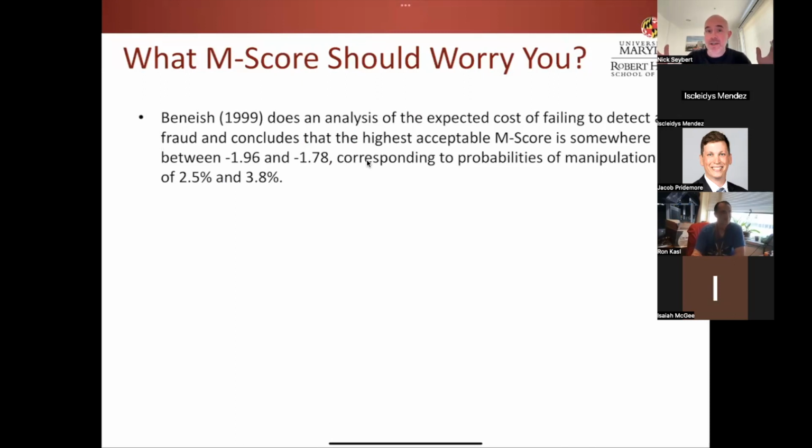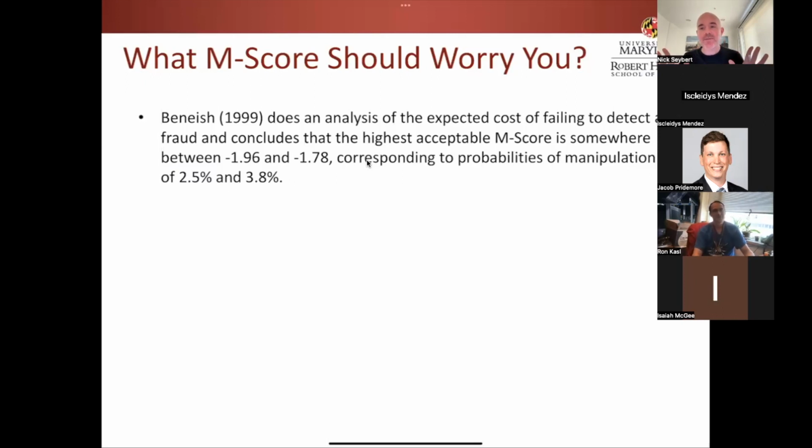Under Armour manipulated earnings, they're still alive, right? There was a stock price drop or whatever. Enron manipulated earnings, hundreds of billions of dollars lost, right? And so he had to go back and figure out what's the average cost of a fraud, and make some different assumptions about how expensive a fraud is versus your opportunity cost of not investing in the company.